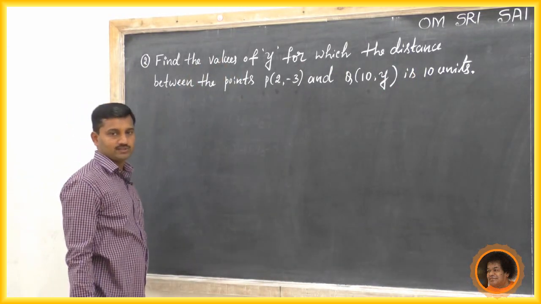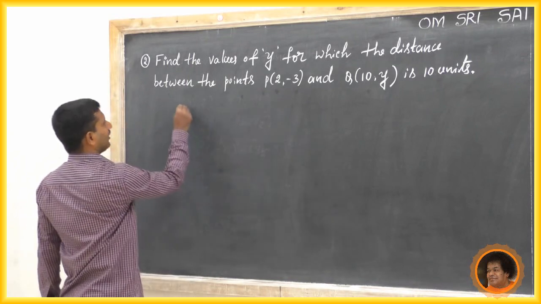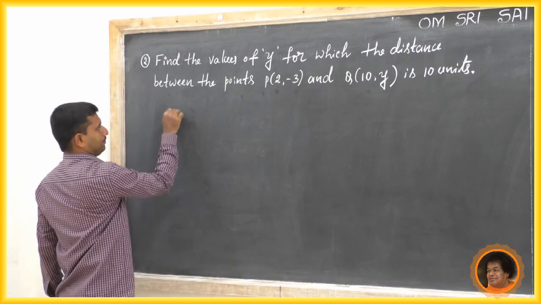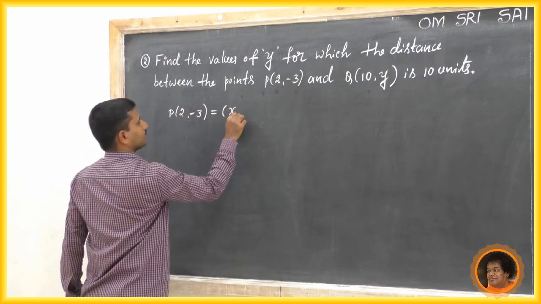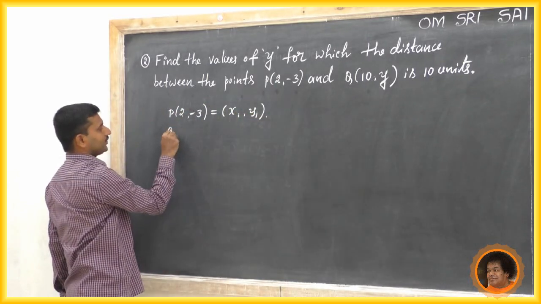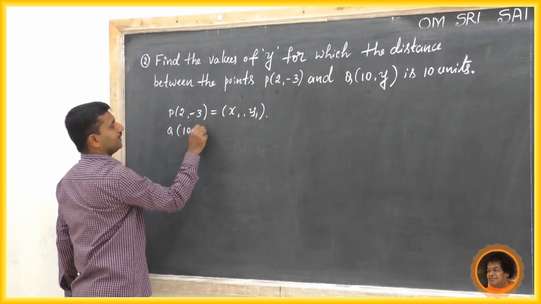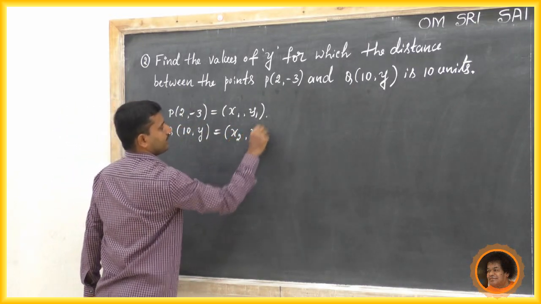How to find the values of y? By using the distance formula. The coordinate point P is 2, minus 3, that is x1, y1, and the second point Q is 10, y, that is x2, y2.